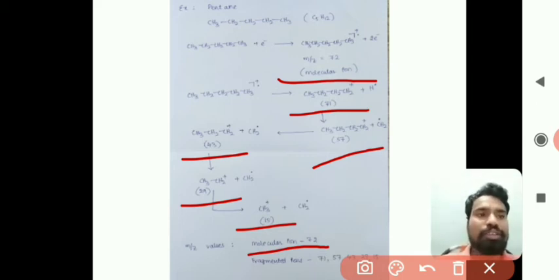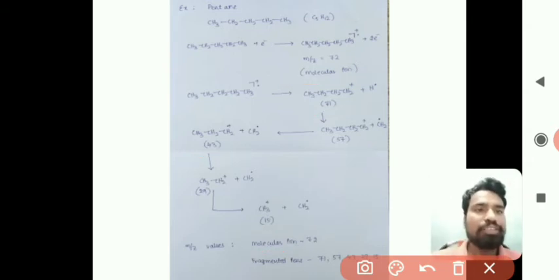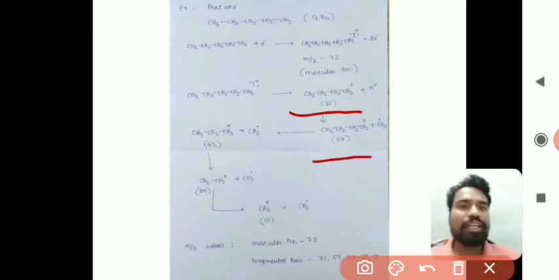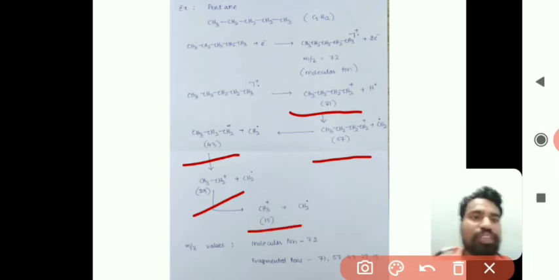Based on these m/z values and the relative stability of the ions formed in the process, they will be represented as a bar graph. That is nothing but a mass spectrum. If you observe here, one molecular ion is there and then 5 fragmented ions. The first fragmented ion is the pentyl carbocation, second is butyl, third is propyl, fourth is ethyl, fifth is methyl.